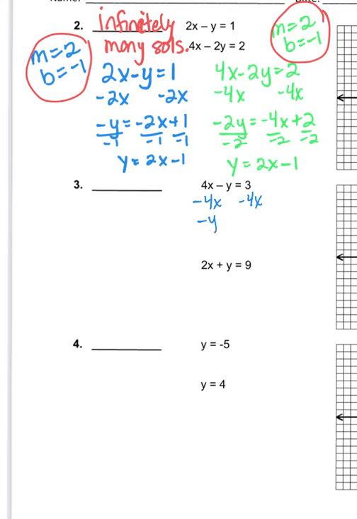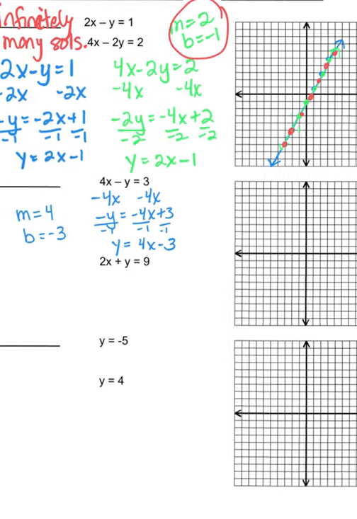I'm left with negative y equals negative 4x plus 3. I need to solve for y, so if I divide every piece by -1, I'm left with y equals 4x minus 3. My slope is 4 and my y-intercept is -3.